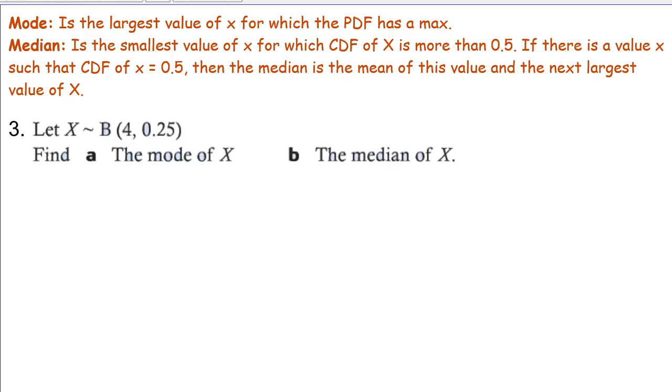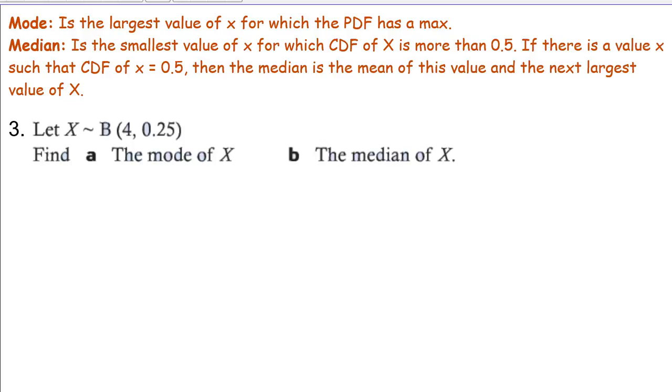If there's a value of x such that the cumulative distribution function of x equals 0.5, then the median is the mean of this value and the next largest value of x. We discussed all these things when looking at discrete random variables, so it's the same process.